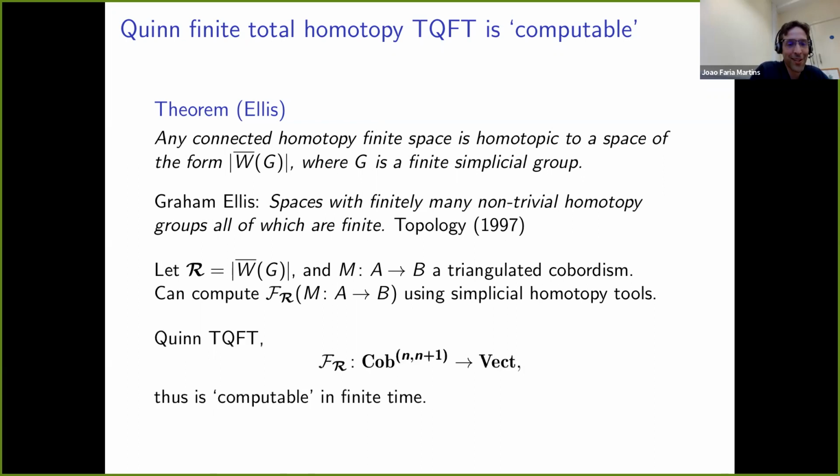It can be exponentially harder as the dimension of the manifolds increases, or the complexity of the homotopy of the space R increases. But the point is that Quinn TQFT is computable in finite time. So it doesn't appear to be a combinatorial construction, but actually it is, so it makes sense to look at it in a bit more detail.